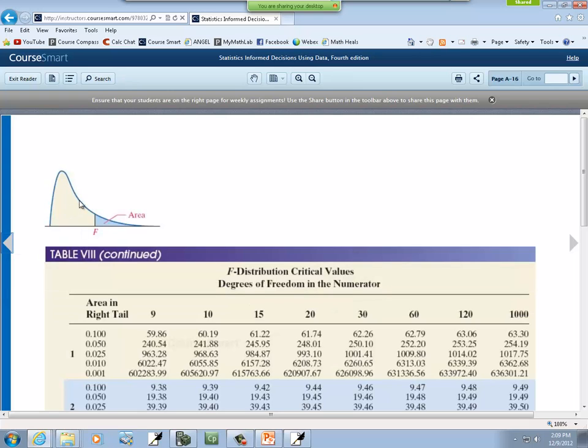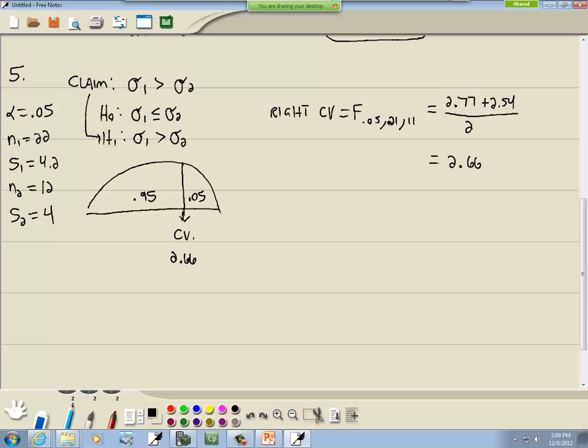The way the graph is shaped, finding the average of it isn't a perfect solution. I actually like the other books better, where they say we don't know what the critical value is, but it's somewhere between 2.54 and 2.77. But we'll go with this. The only time it really matters is if your test statistic fell somewhere in this range. Okay.